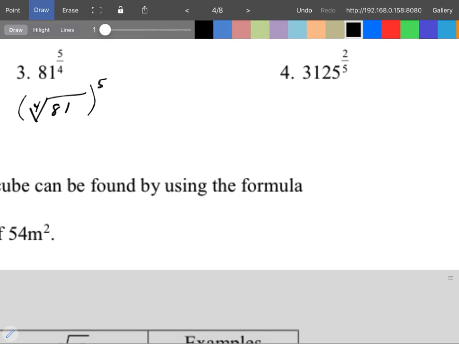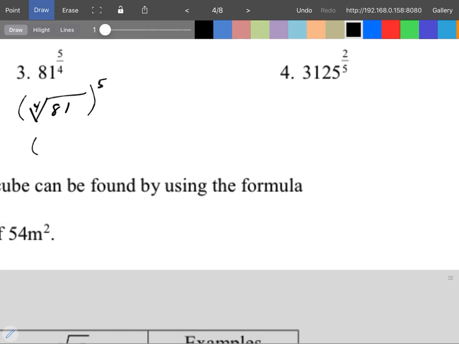So the first thing you need is the 4th root of 81. So you got to figure out what number times itself 4 times would equal 81. And that should be 3, okay? 3 times 3 is 9, times 3 is 27, times 3 is 81. So this should be a 3.